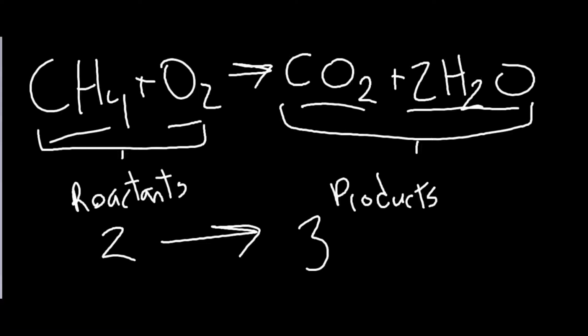So you include the state of the reactants and products just by making a little parentheses under the compound or element, just saying what it is. So this is a gas. Oxygen is a gas. Oh, sorry, this is 2 oxygens. Whoops. Oxygen is also a gas. Carbon dioxide is a gas. And water in this reaction is going to be a gas. So, yeah.